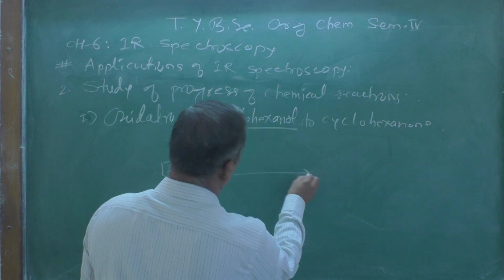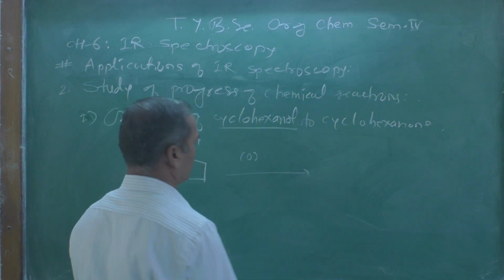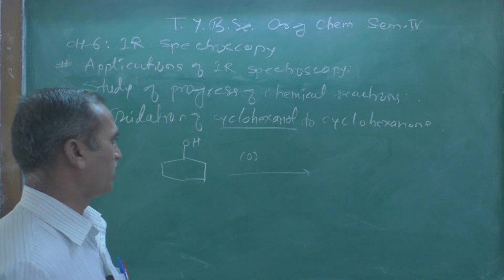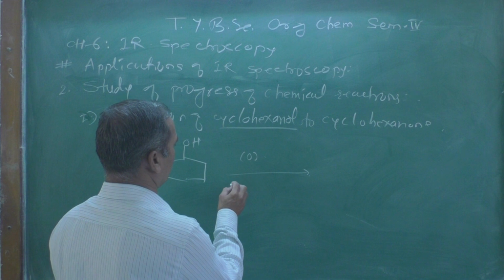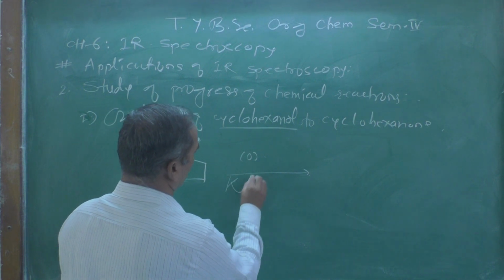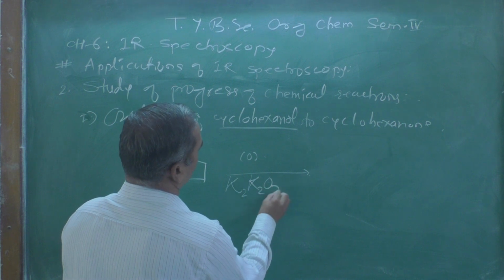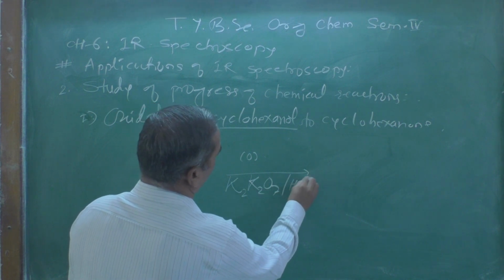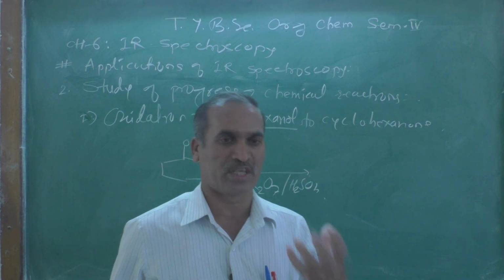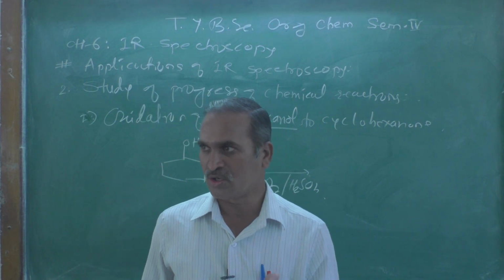Now this reaction is an oxidation reaction, and that's why I am showing O in the bracket. Generally the reagent used here is K2Cr2O7 in the presence of H2SO4. This reagent is known as Jones reagent, for the oxidation.